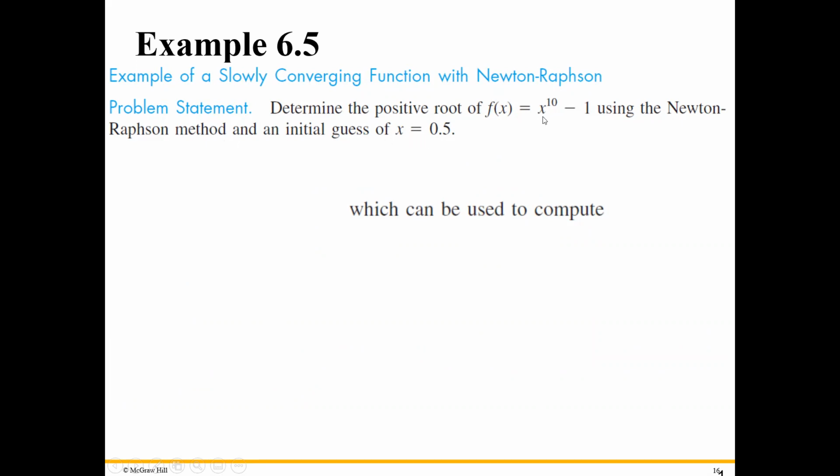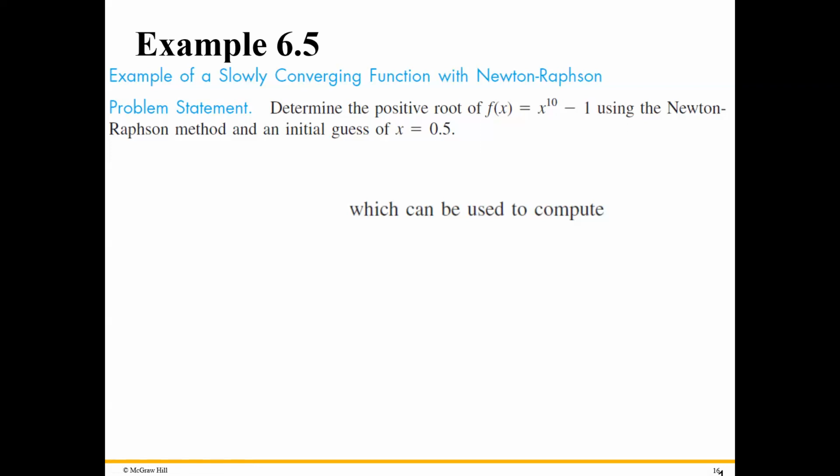It is quite obvious that the true solution is x equal to 1. But for illustration purposes, if we apply the Newton-Raphson method with an initial guess of x equal to 0.5, can we find that the solution will converge?